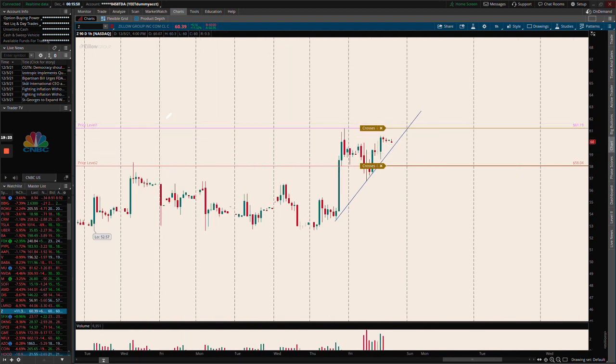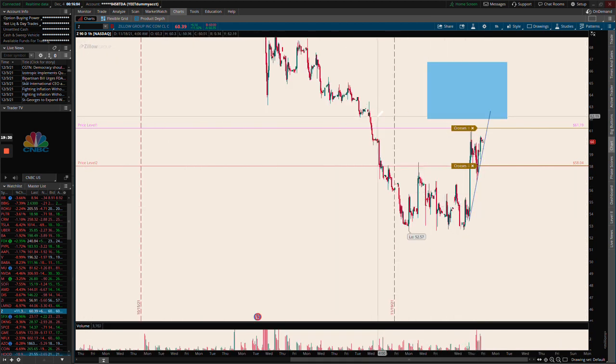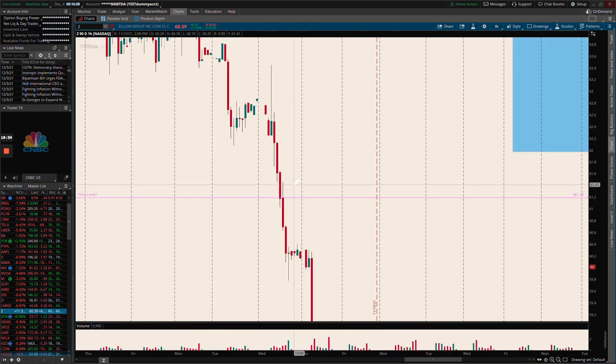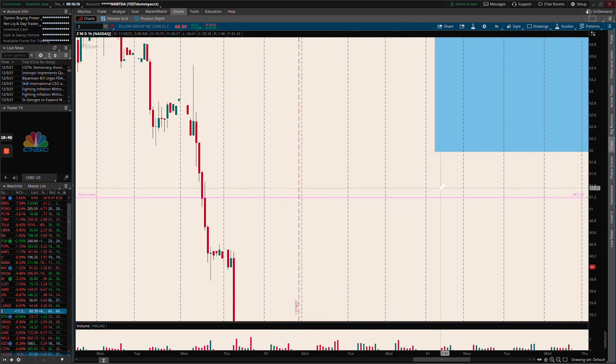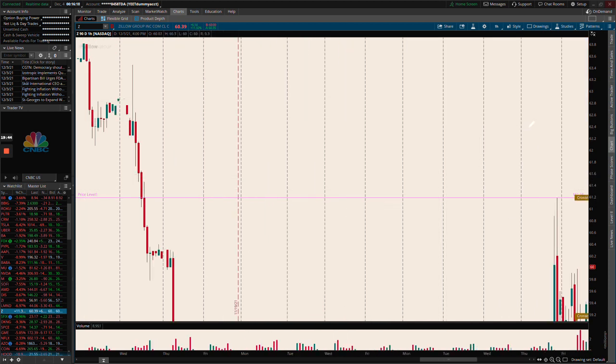I don't see any price action above it, do you? This thing can run. Let's zoom out a little bit. Maybe take it back a couple weeks. Got your first target here, second target here, third target here. Just easy pickings along the way.